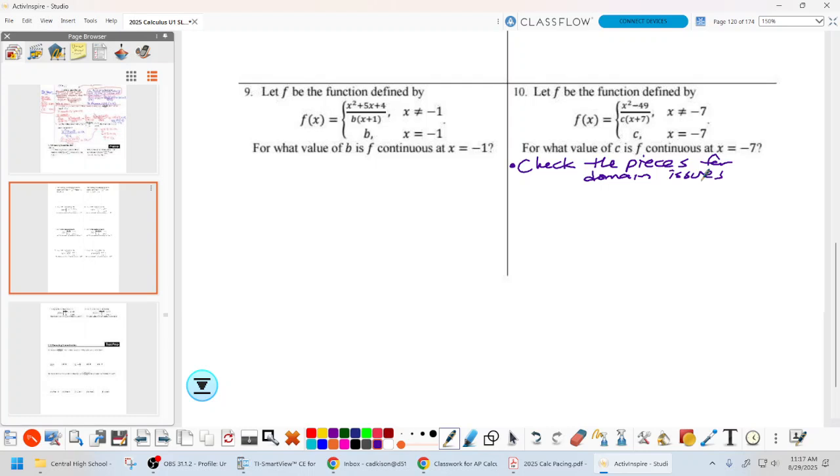Remember how we had that 7 that was an issue in the piece, but it actually wasn't in the bigger picture? Do you remember what I'm talking about? How could you say that right there? So check the pieces for domain issues. I have an idea of what I would say, but this is challenging you to think through your own description. You guys know what I'm talking about?